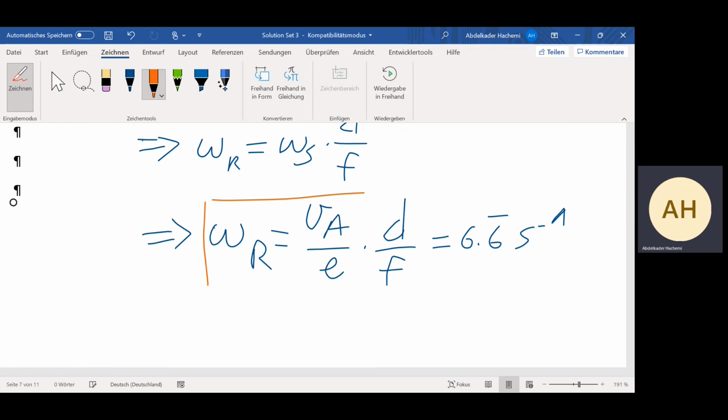Then we have the value of the angular velocity of the gear. Now we finished with set 3.